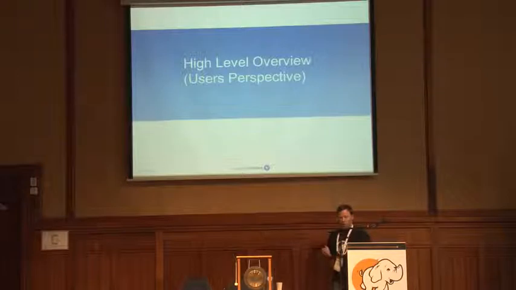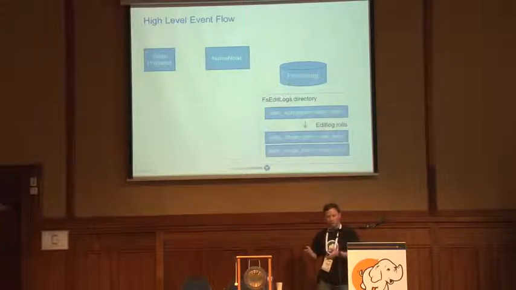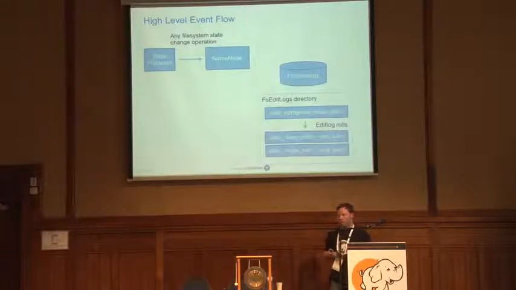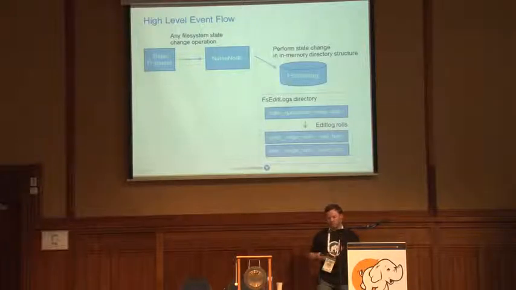So from a high-level perspective, this is how the name node works. You have your data producer, which is a basic DFS client, contacting the name node for a file state change, like creating a new file, deleting a file, renaming, etc. The name node then performs the change in its in-memory representation, which is the DFS directory.